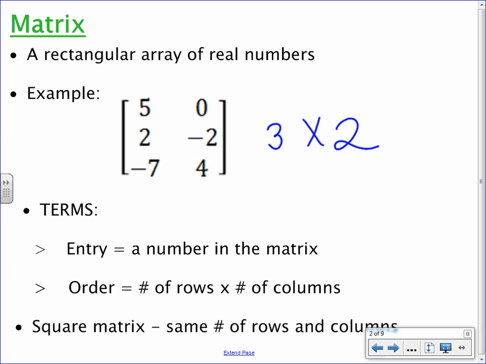A square matrix is exactly what it sounds like: the same number of rows as columns. Square matrices are special. We'll talk about why they're special later.